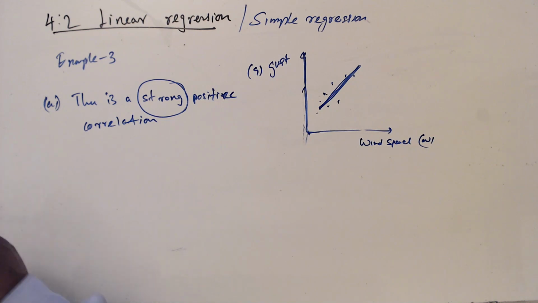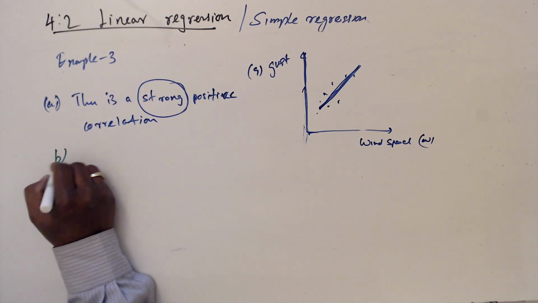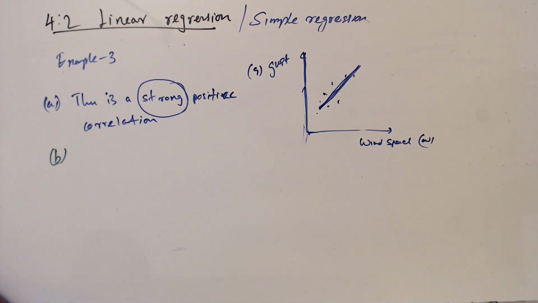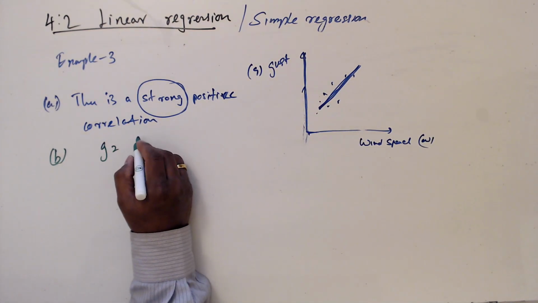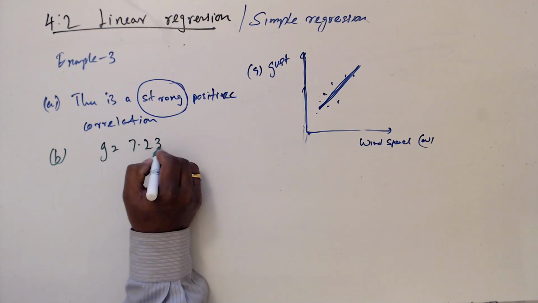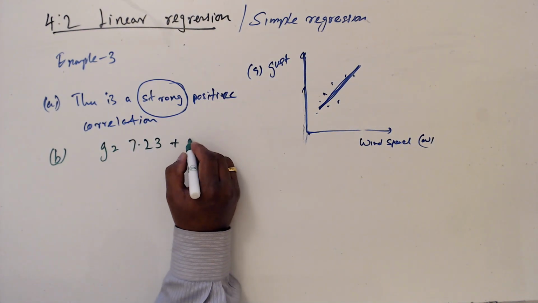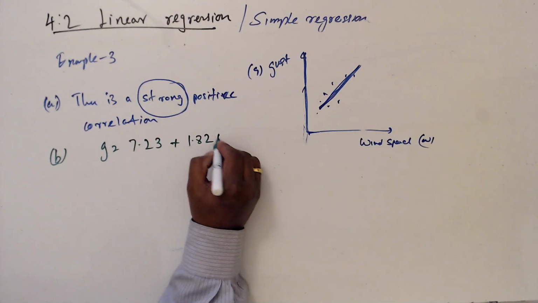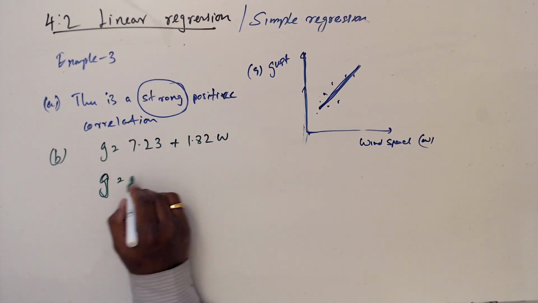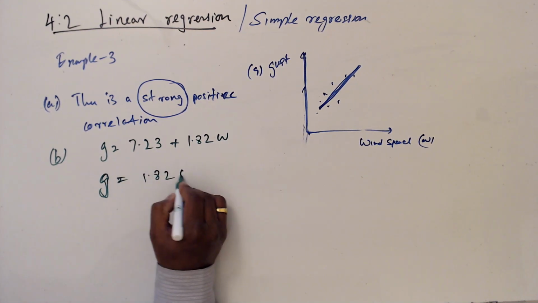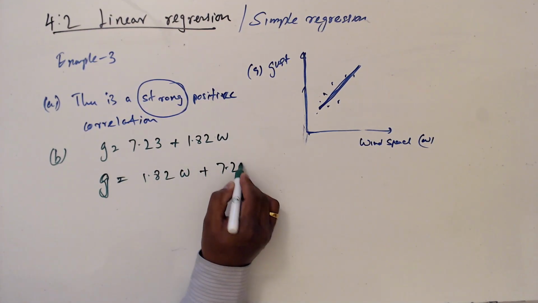Question 2, part B. Give an interpretation of the value of the gradient of this regression line. So the regression line is given by G equal 7.23 plus 1.82 W. I'll arrange it like this: 1.82 W plus 7.23.